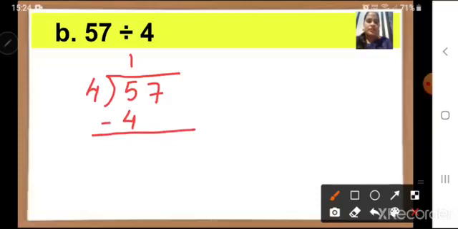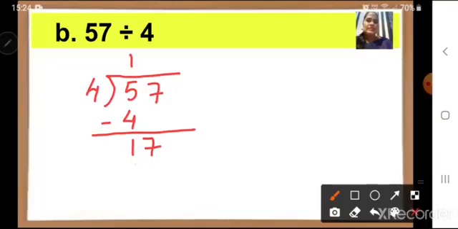Then we have to subtract. 5 minus 4 is 1. The next step is to take the next number down from the dividend, which is number 7. So number 7 we will write here down. Now here we have number 17. Okay, so we have to see in 4's table whether 17 will go or not.